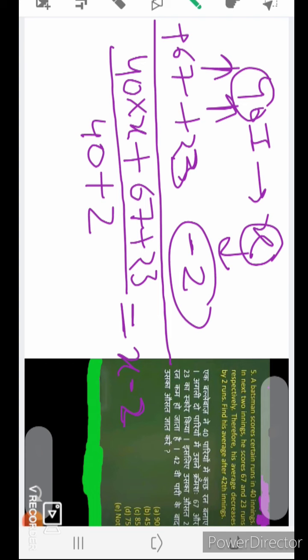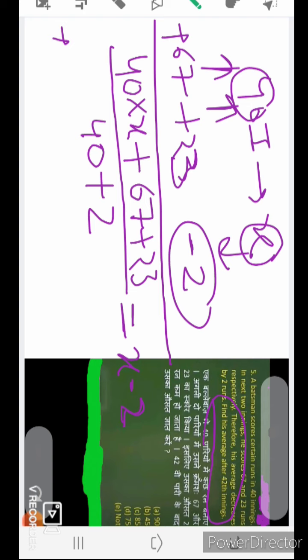When you calculate the value of x, you are going to get the average of 40 innings only. Remember this, because here x is the average of 40 innings and we have to find his average after 42nd inning. So first calculate the value of x. Just solve this.